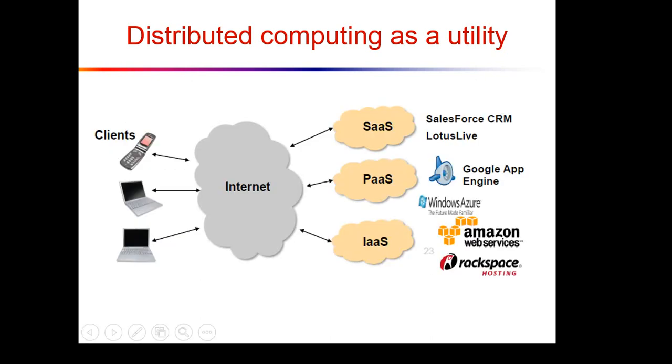Okay, different types of services are provided by cloud computing systems, and different types of instruments, such as mobile, laptop, or other devices, can connect to the internet and use the services that are provided by cloud computing.